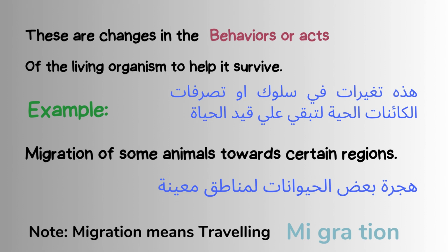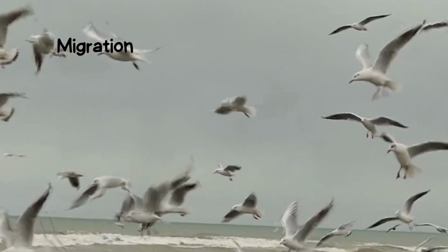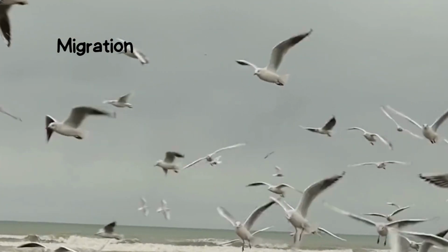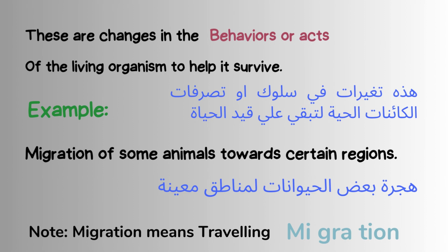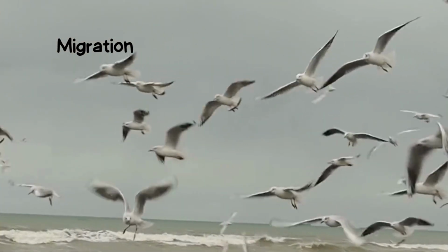So here, we have another example: migration. You know migration? Migration means traveling, as the bird or some living organisms can migrate from place to place. So migration of some animals towards certain regions, is this a change in the body structure or a change in the behavior? Of course, it is a change in the behavior or act for these animals as they migrate to another place.